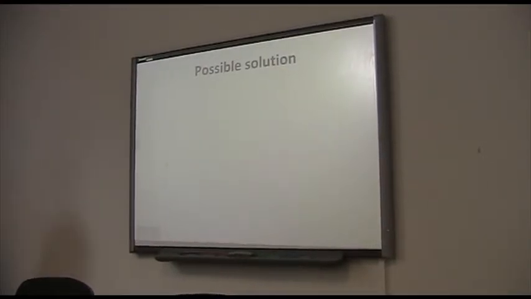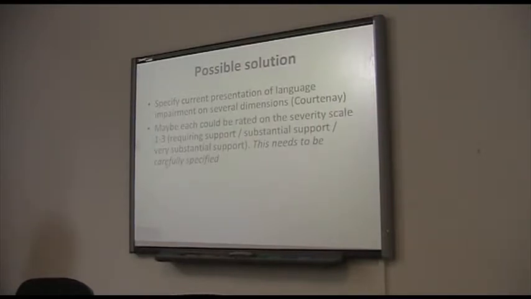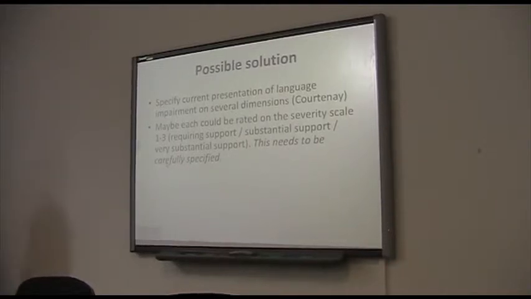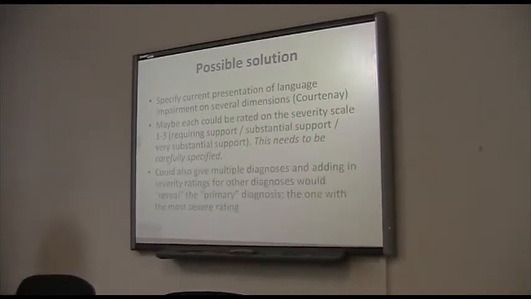So a possible solution, which Courtney proposed and I'm adding to a bit, is that you should specify the current presentation of language impairment on several dimensions. Courtney mentioned this severity rating scale, based on 1 to 3, so requiring support, substantial support versus very substantial support, and I think this needs to be very carefully specified, particularly as this is going to dictate the kind of support that they actually get.